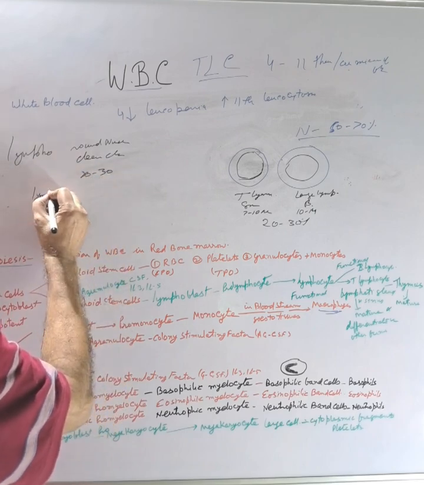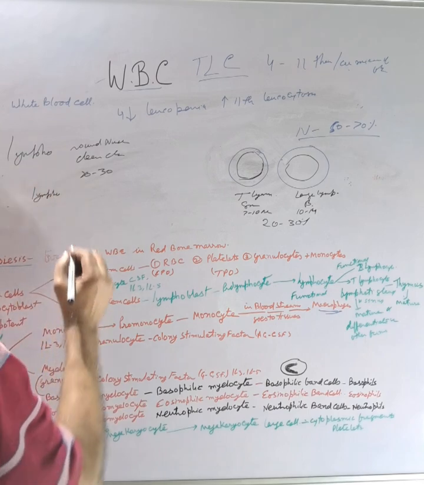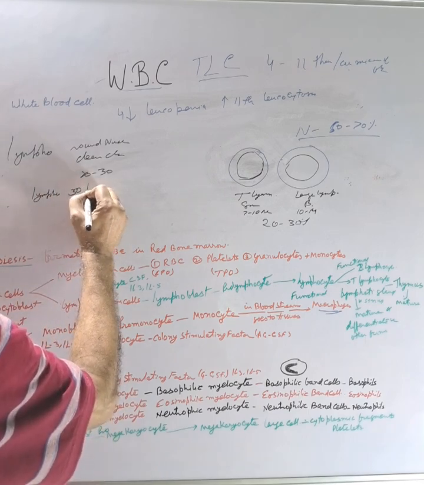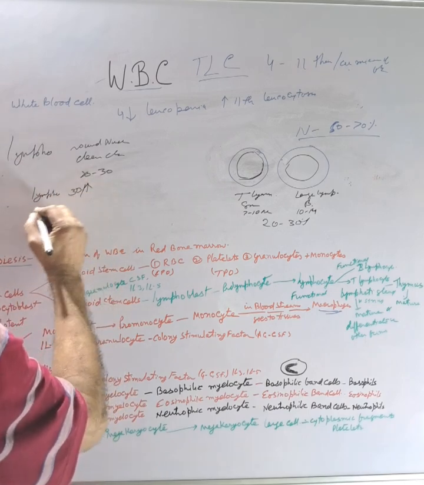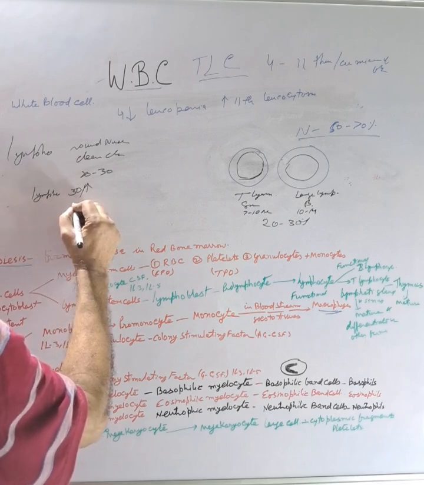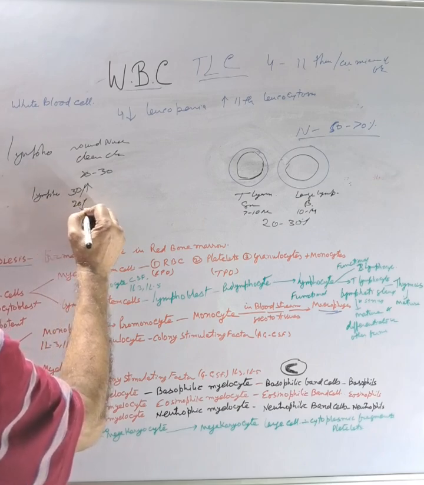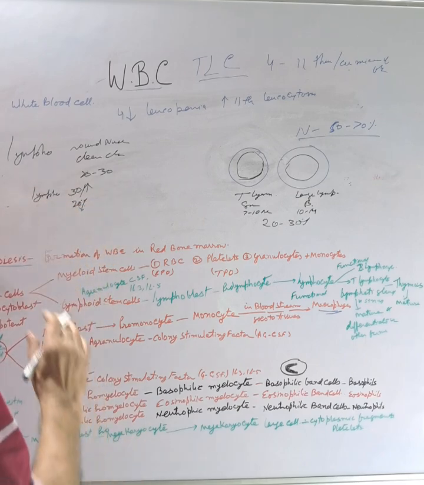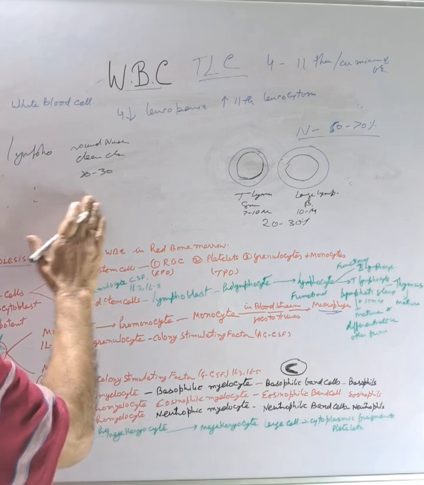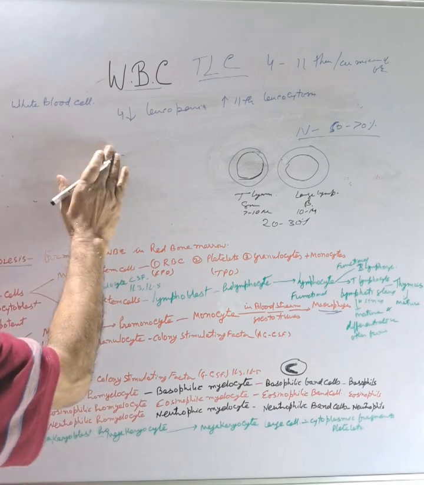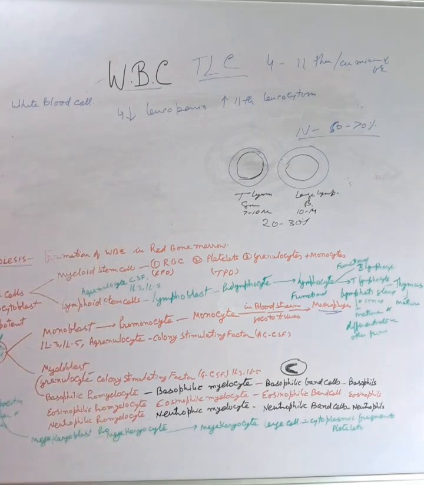Lymphocytosis is when lymphocyte count is more than 30%, and lymphopenia when it is below 20%. These are the cells of WBC.